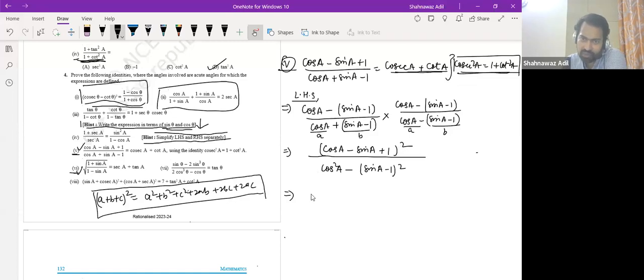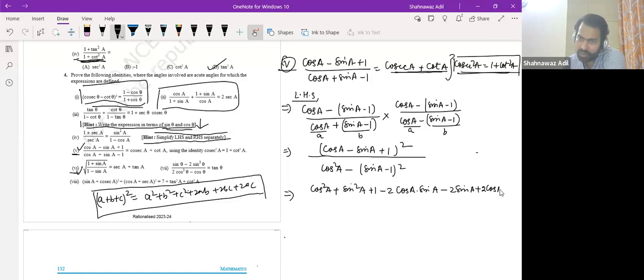But now in here, what will we get? Cos square A plus sin square A plus 1, plus minus 2 cos A sin A, then minus 2 sin A, and the last plus 2 cos A. Very good.